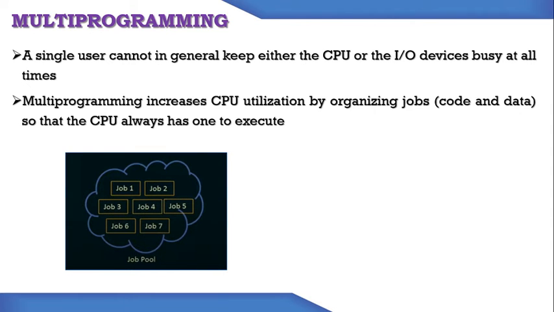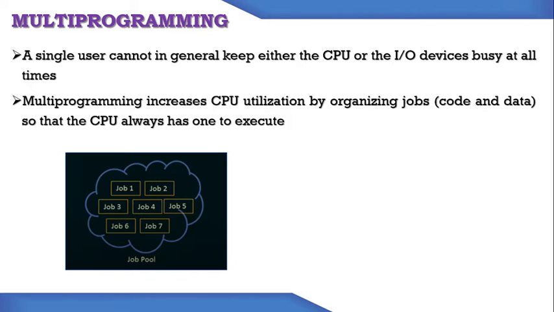In this diagram, we have a job pool with a number of jobs available, and the memory layout of the multi-programming system. First of all, understand what a job is. A job is something that has to be executed, which may contain code and data.